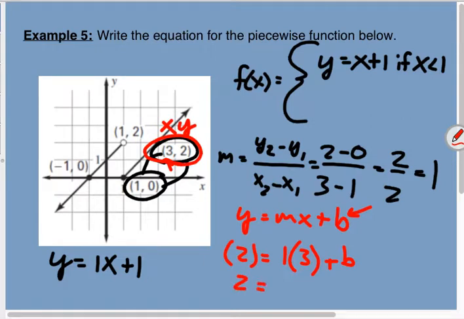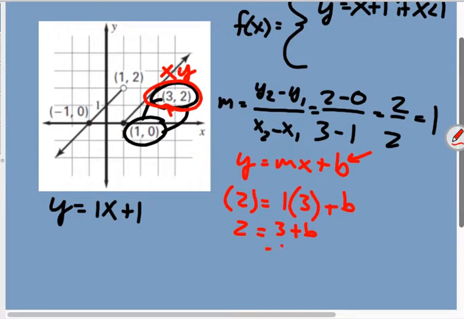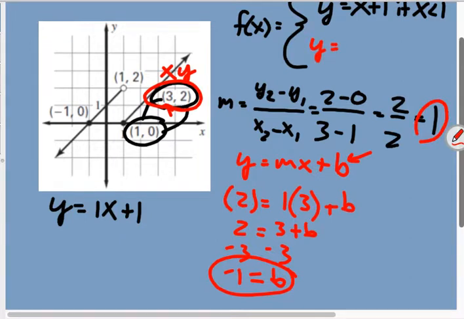This is 2 equals 3 plus b. So if you subtract 3 from both sides, obviously, b equals negative 1. So, our y-intercept is negative 1, our slope is 1, so it's y equals 1x minus 1.